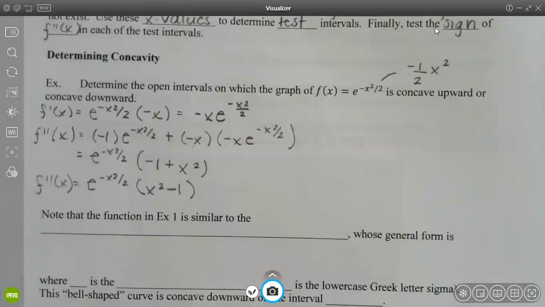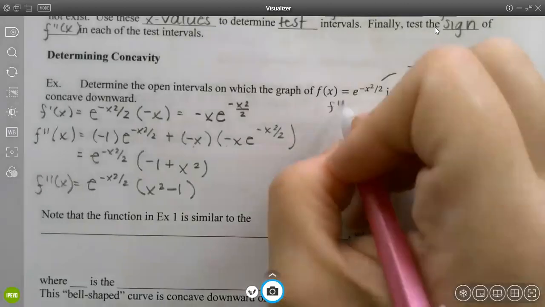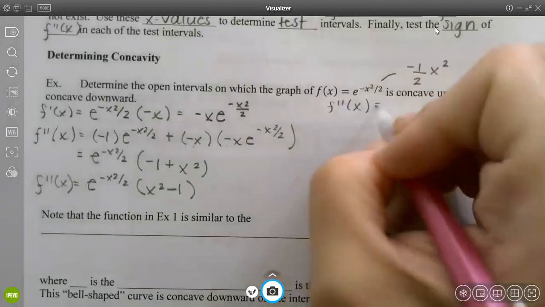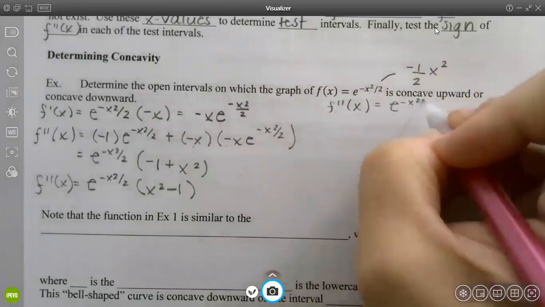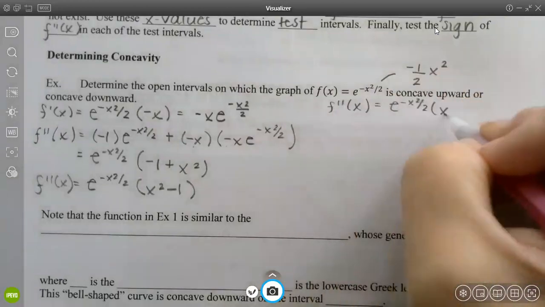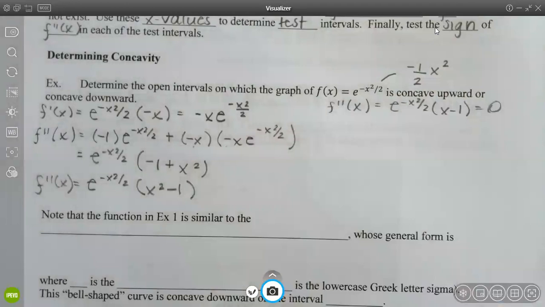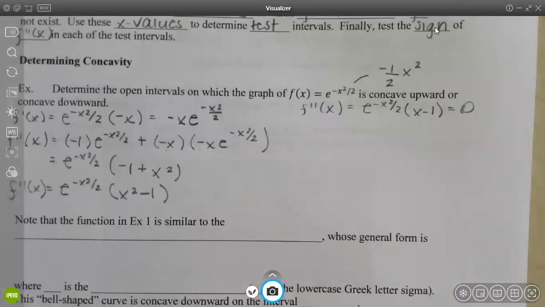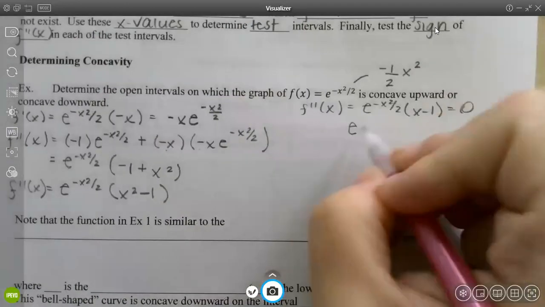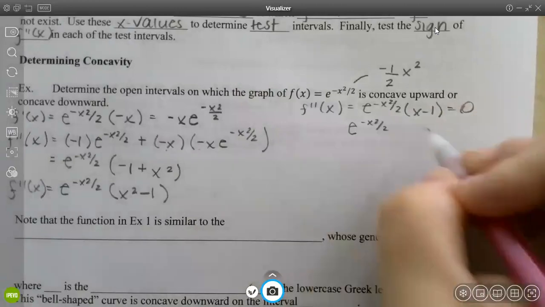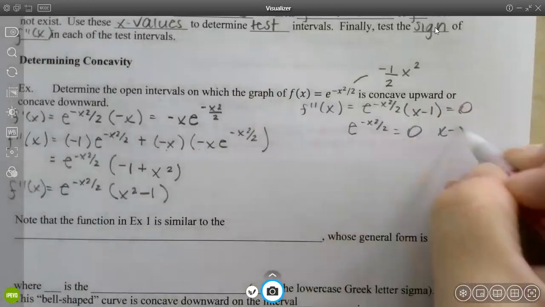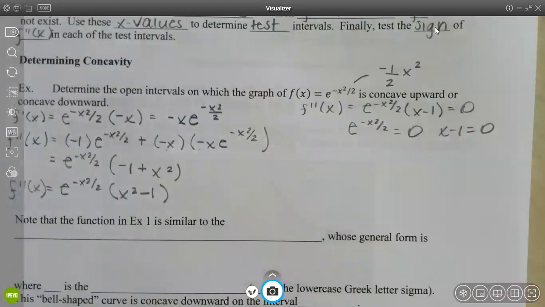Do exactly what we did yesterday. You're going to set the second derivative equal to 0. You're going to set each part equal to 0. How do I solve the first one?